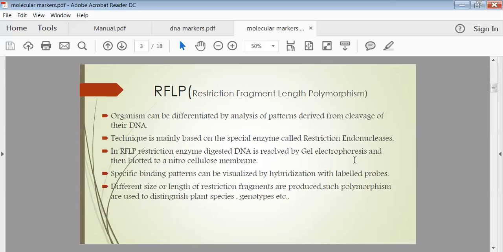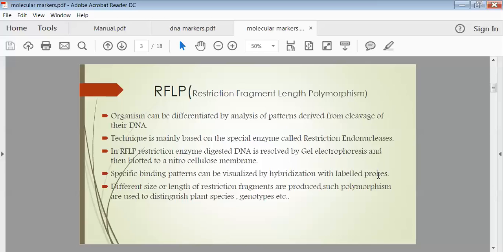Polyacrylamide gel is generally used for protein fingerprinting, so you can check. Okay. Specific banding patterns can be visualized by hybridization with labeled probes. Here, along with the restriction enzymes, you can attach a specific radiolabeled probe which can detect the target DNA.